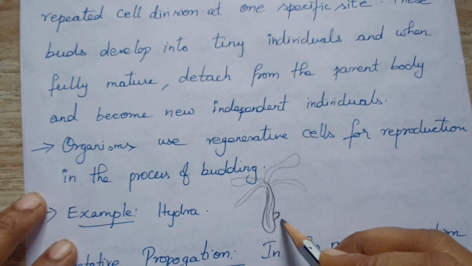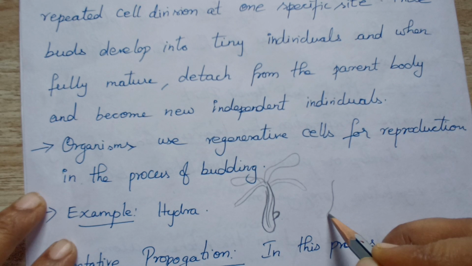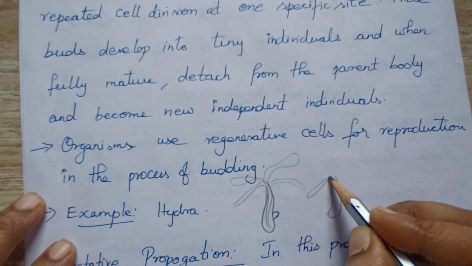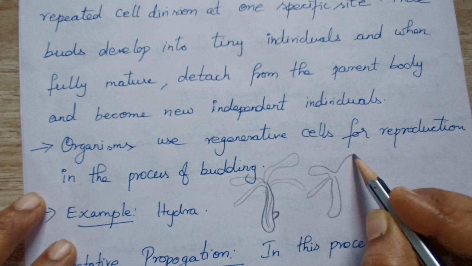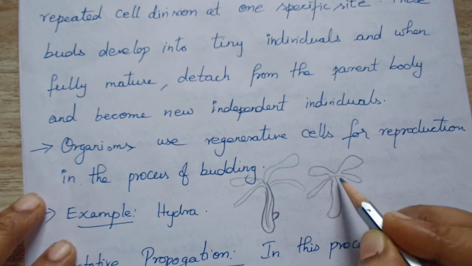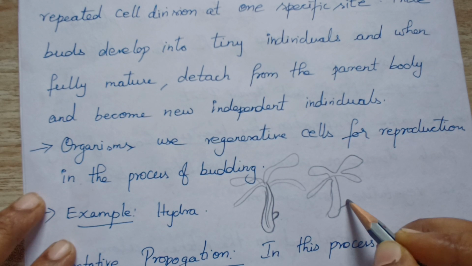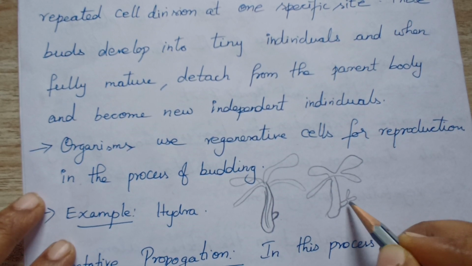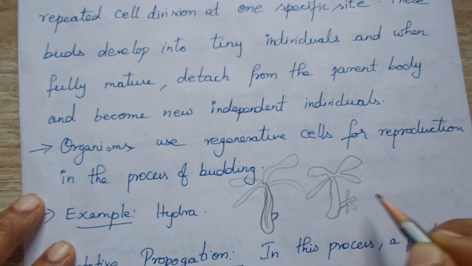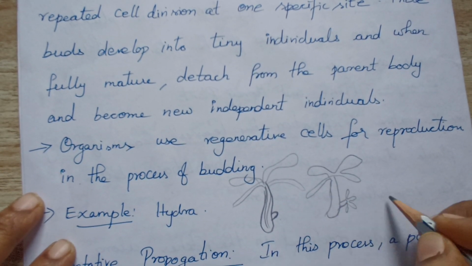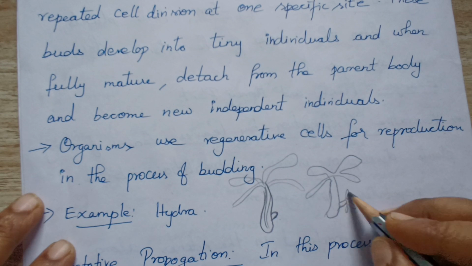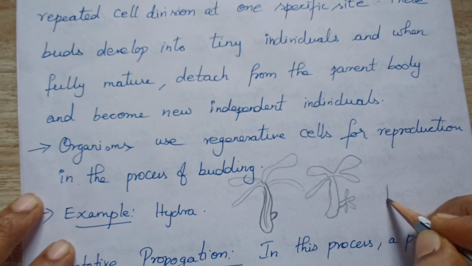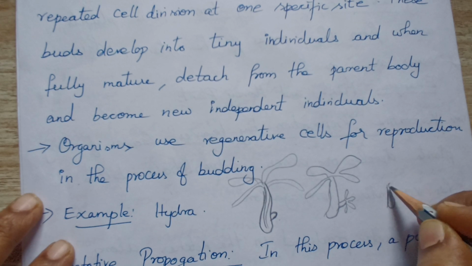Then it will grow as a separate individual, and detach, and it looks similar to that. Once it is matured enough, it will detach and grow with the same genetic characteristics, same model.